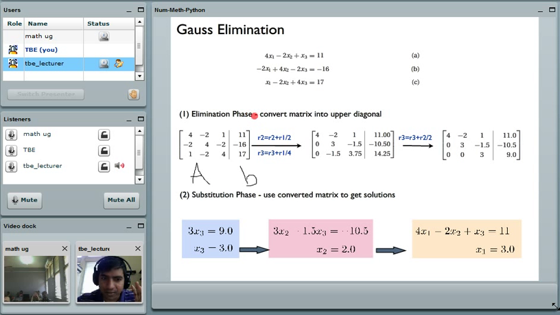The first phase is called the elimination phase, where you take this matrix and make some elements of it 0 depending on your need. In this particular example, I'm going to convert the matrix into one which has only the upper diagonal elements non-zero. For that, I use this particular method of using the pivot equations to transform the rows and columns of a matrix.